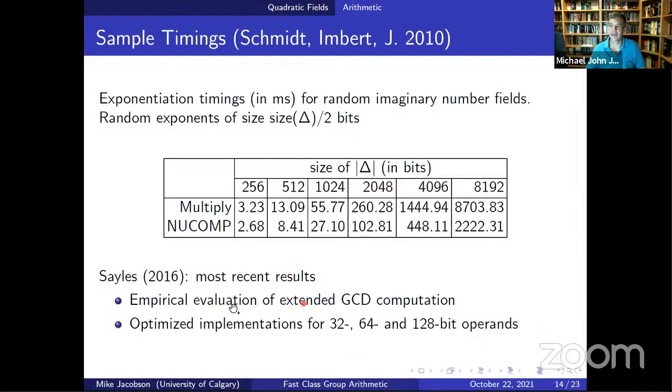I think that is the state of the art for number fields. So if you hadn't heard of NUCOMP before, hopefully I've convinced you that it's a really useful tool for ideal arithmetic, and for pretty much any serious computations with reasonably sized discriminants, it's definitely the algorithm of choice.